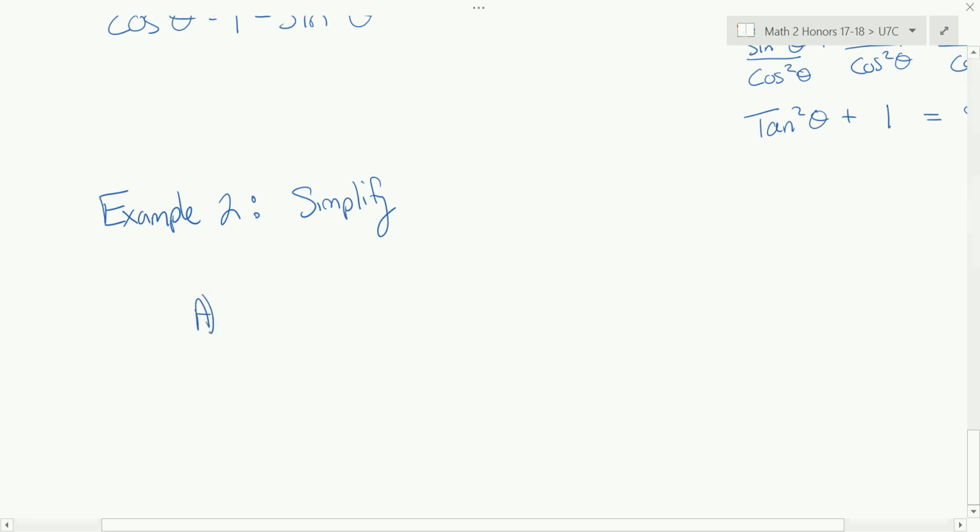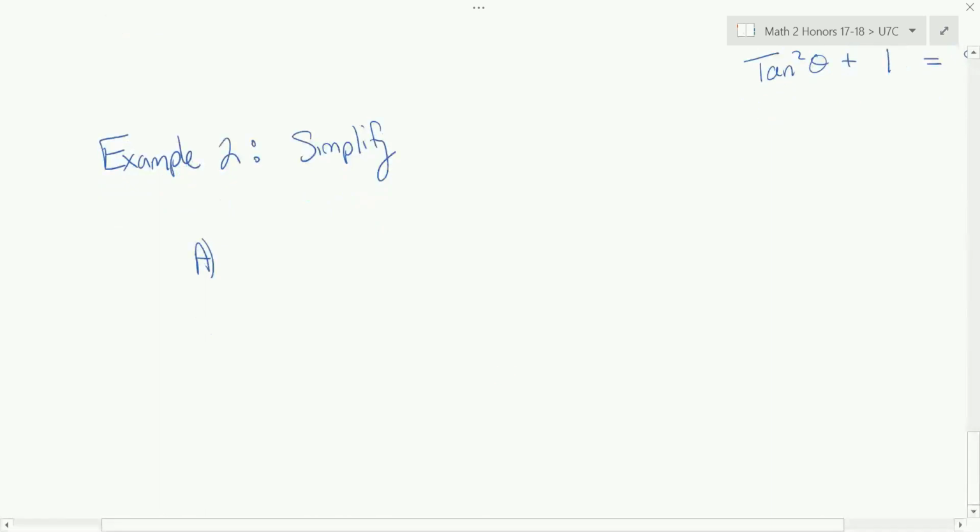So part A, we're going to look at secant squared theta minus tangent squared theta plus the cotangent squared theta. Okay.